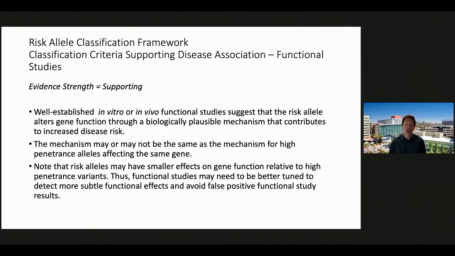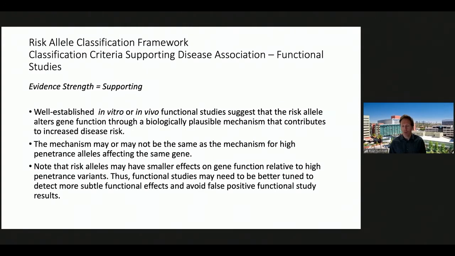Here, it's just supporting, and then that may suggest that it's a direct effect through that variant. The study needs to suggest that the risk allele alters gene function through a mechanism that's biologically plausible and that would be linked to disease risk. Note that it may not be the same mechanism as the high penetrance variants.